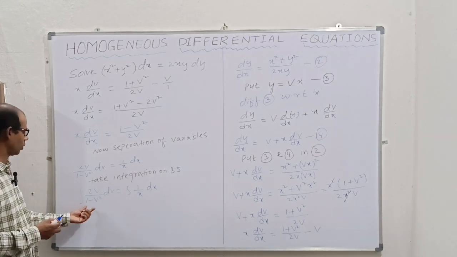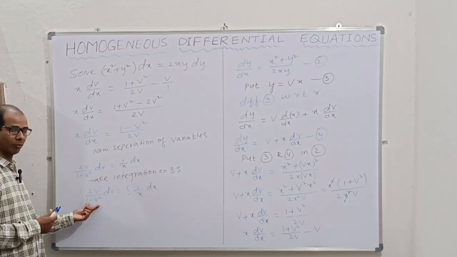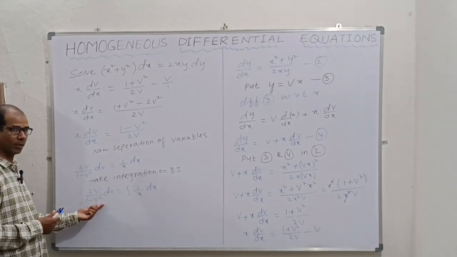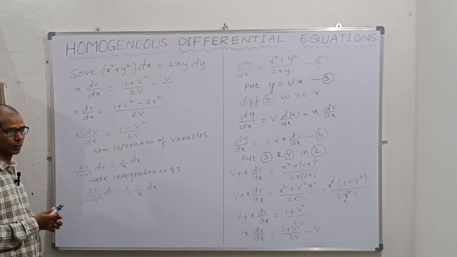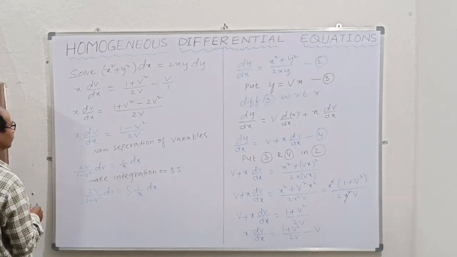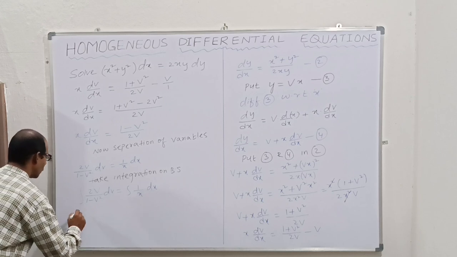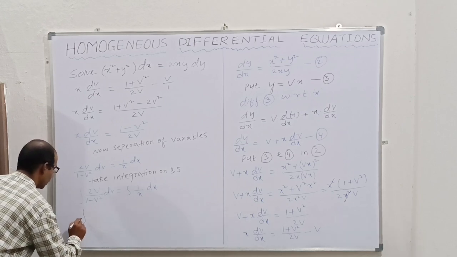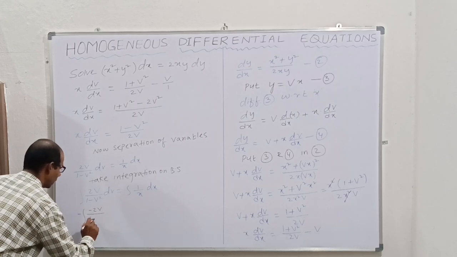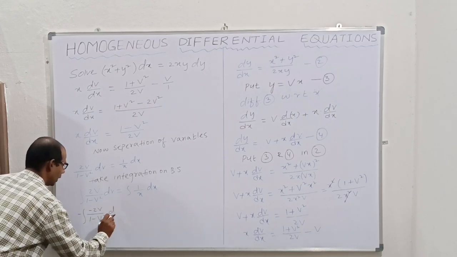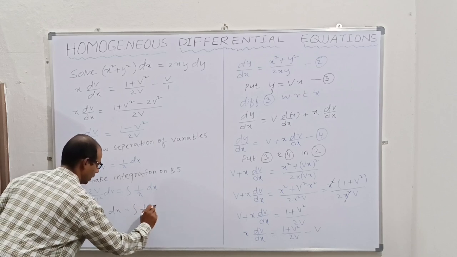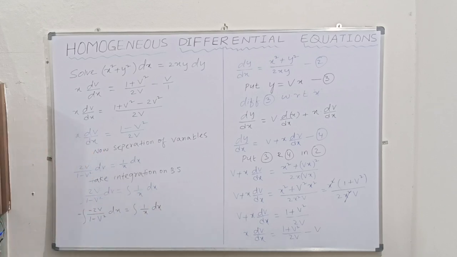Now if you see the derivative of the denominator, derivative of 1 is 0 and derivative of minus v square is minus 2v. Here we have 2v. So now I am going to adjust that one. So what we'll do is minus 2v upon 1 minus v square dv is equal to integration of 1 upon x, right?